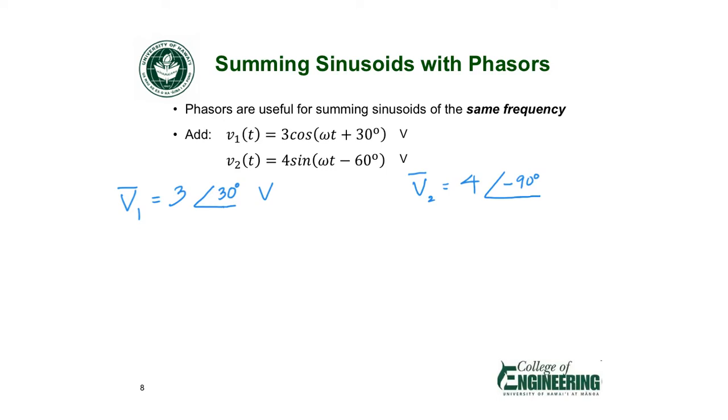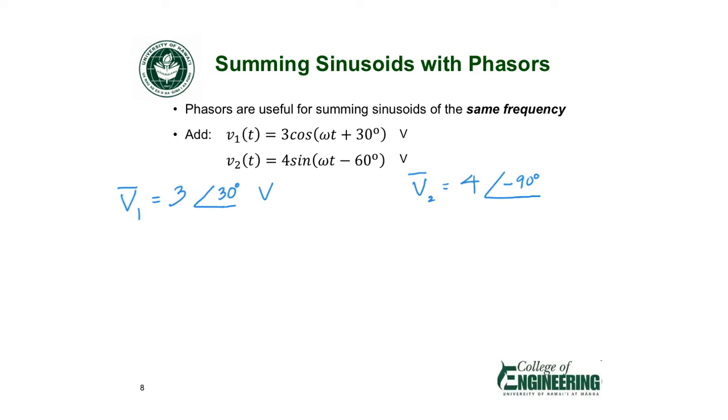So also in my phasor form, I'm not writing down cosine or sine. It's all going to be referenced to when the signal starts increasing. So since we assume that a cosine has a 0 phase angle, the sinusoid is a cosine, except it's shifted by 90 degrees.